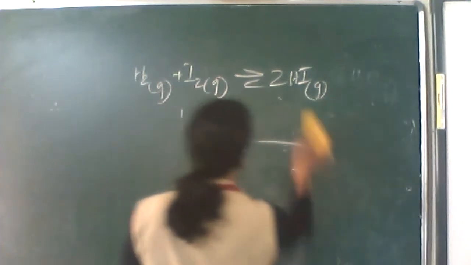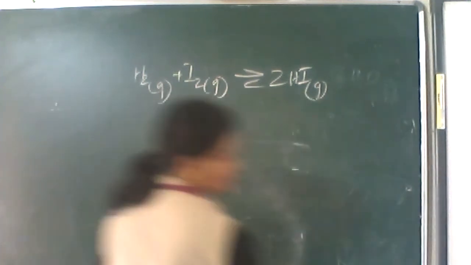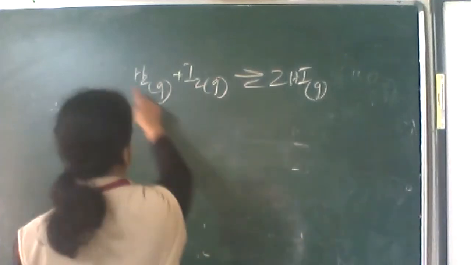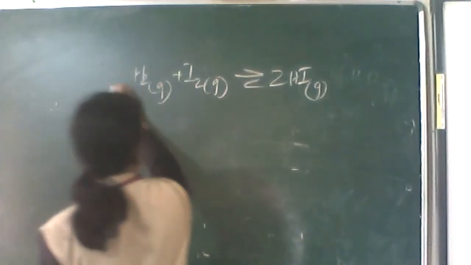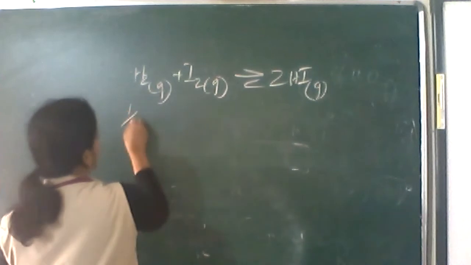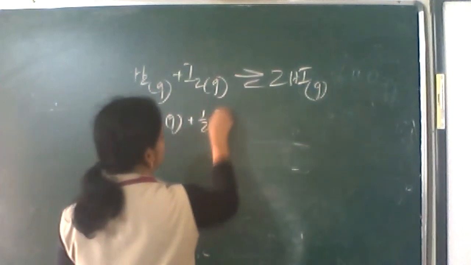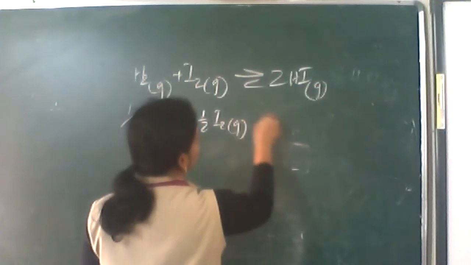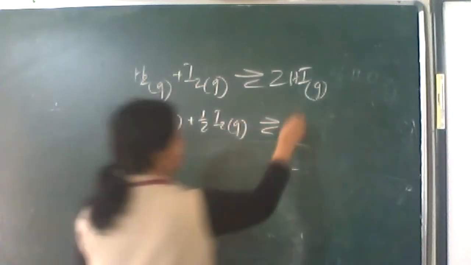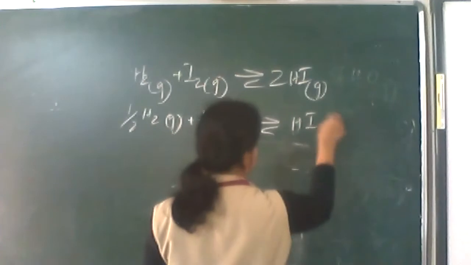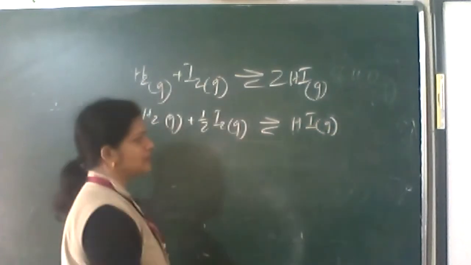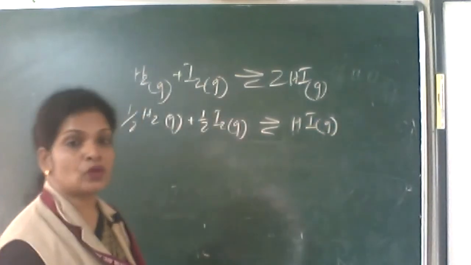If I write this equation in this format, instead of this 1, I am taking half. This is half H2 gas and half I2 gas, giving 1 HI gas. See, I multiplied everything with what? Half.